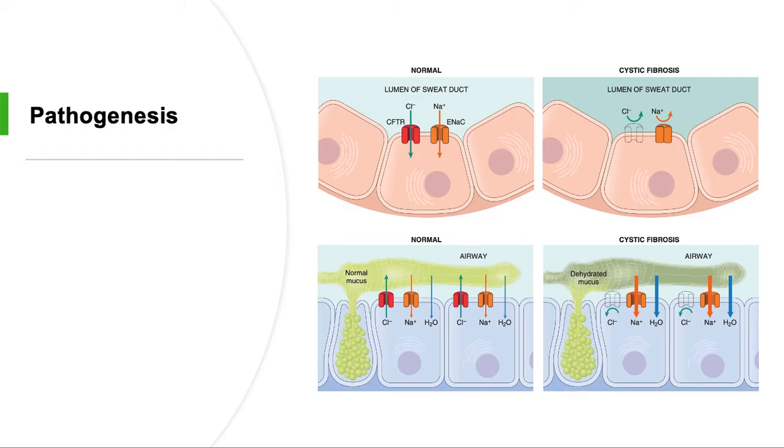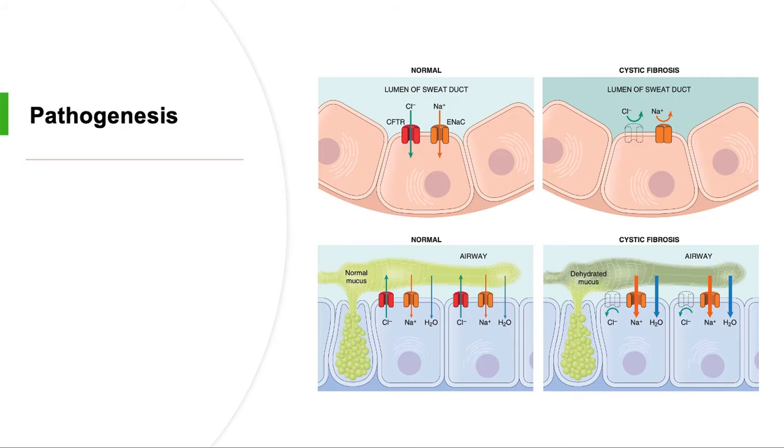In contrast to sweat glands, CFTR in the respiratory and intestinal epithelium is one of the most important avenues for active luminal secretion of chloride. At these sites, CFTR mutations result in loss or reduction of chloride secretion into the lumen.